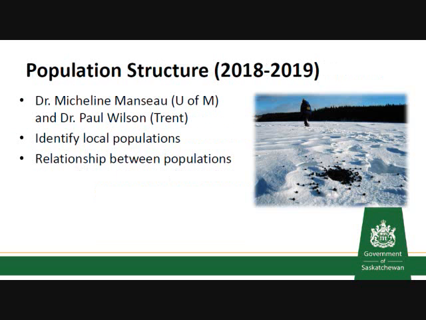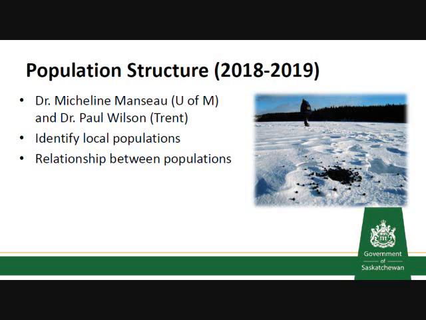So the next piece of work that we're looking at, and that won't be starting until much later in 2018, will be the population structure work. It's very similar to some of the population structure work that we have undertaken in the Boreal Plain. And it will be led by Dr. Michelin Mansol at the University of Manitoba, as well as Paul Wilson at Trent University.